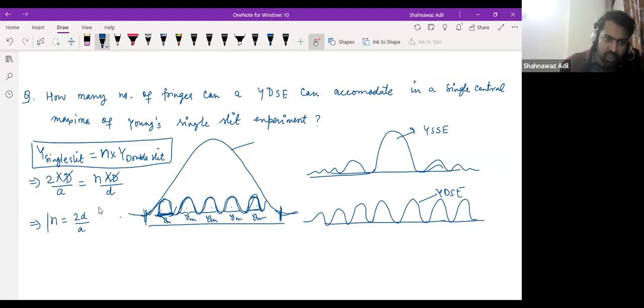So this would be the number of fringes that we will obtain. We'll write the numbers in the later class and check the value. If you have the slit width of single slit and the slit separation of the double slit, you can calculate the number of fringes.